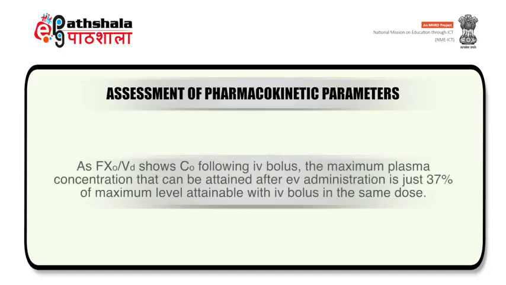As FX0 by Vd shows C0 following IV bolus, the maximum plasma concentration that can be attained after extravascular administration is just 37% of maximum level attainable with IV bolus in the same dose.